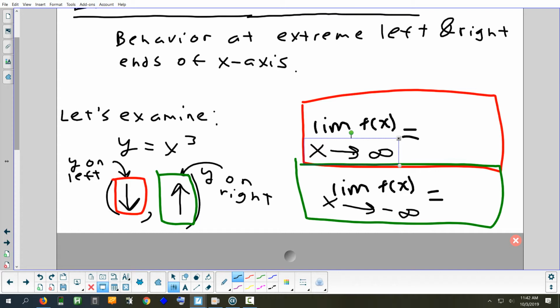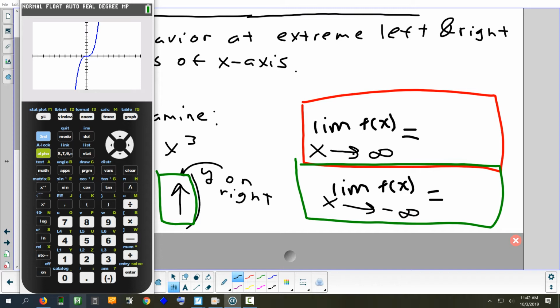Which way is infinity on the number line? Left or right? Emma? To the right. So this is saying what's happening to y as x heads to the right. Look at what you just wrote down. What's happening to your y value as you head further and further to the right? And what is it increasing to? Infinity, yes.